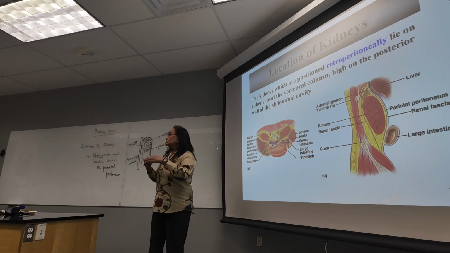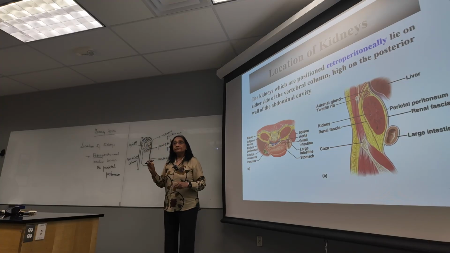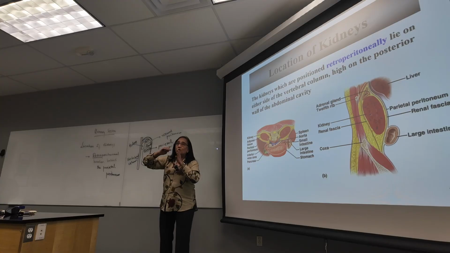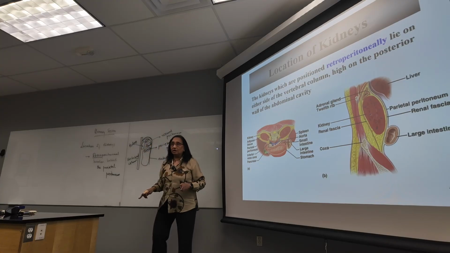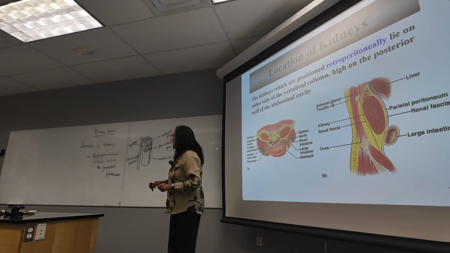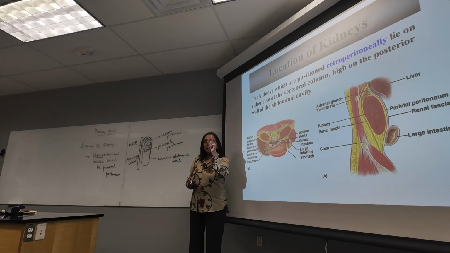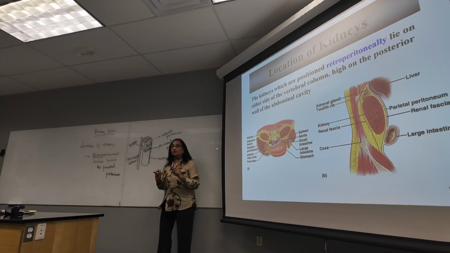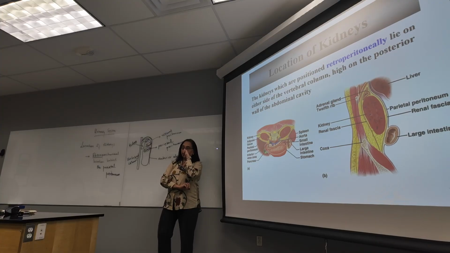The parietal peritoneum is like a bag, a double layered membrane, and it folds and covers each organ, okay. But the kidney is not covered by the peritoneum. It is behind the parietal peritoneum, it's behind the bag, okay.